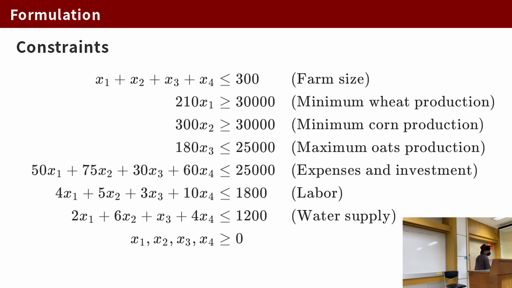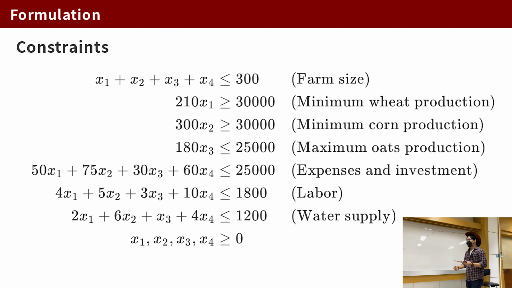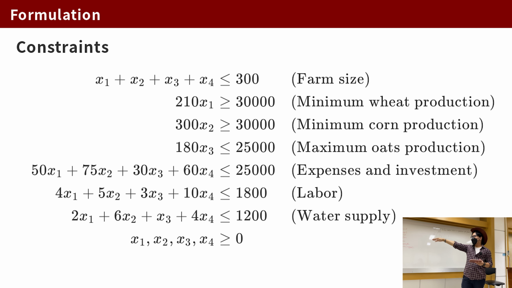And to meet Bill's little requirements, we're going to come up with constraints as well. So the first one is because we're summing up the amount of land, it cannot exceed the farm size. And then there's also the minimum wheat production, minimum corn production, and maximum oats production. There's also the expenses and investments and labor.